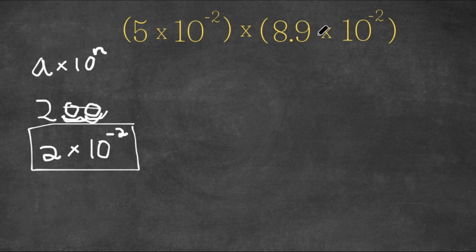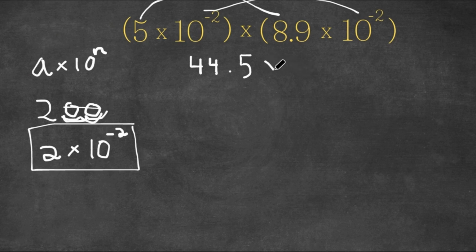Now, to multiply these two numbers in their scientific notation, we're going to multiply our a's and our 10 to the power of n's. 5 times 8.9 would be 44.5. Now, 10 to the power of -2 times 10 to the power of -2, well, this is just 10 to the power of -2 plus -2.